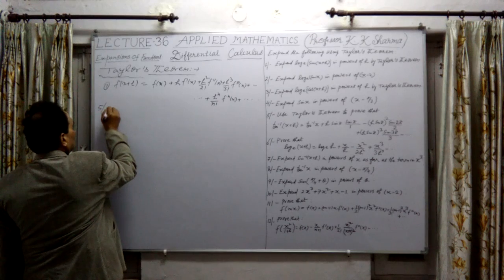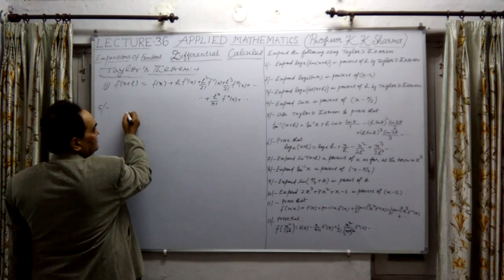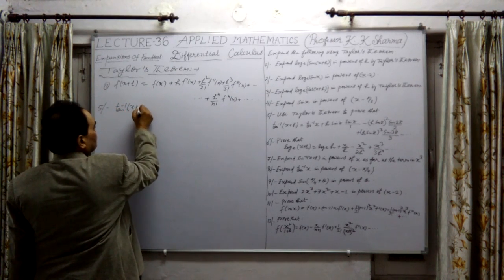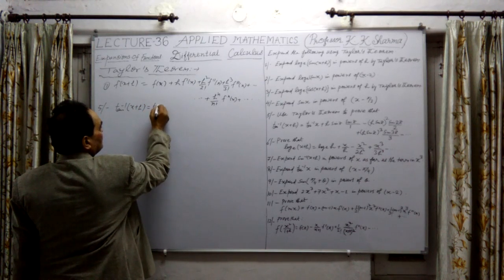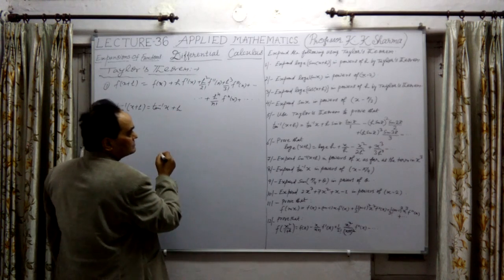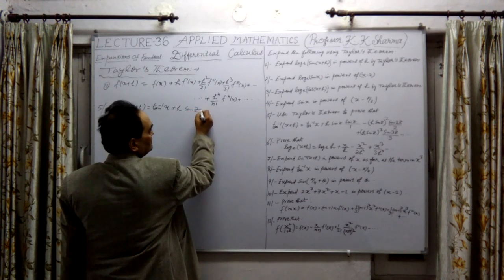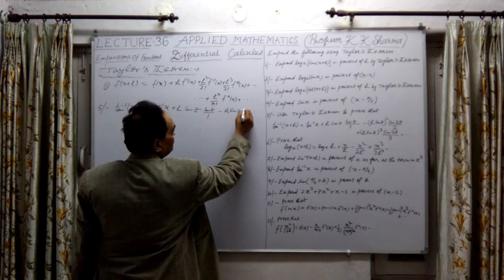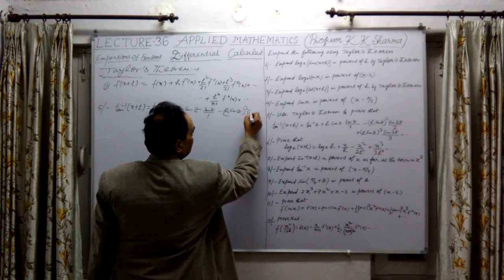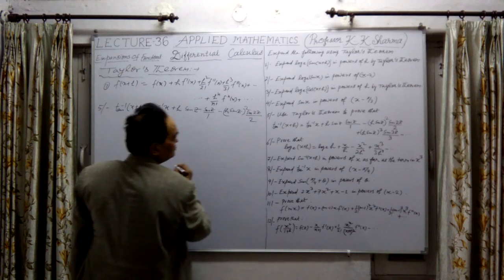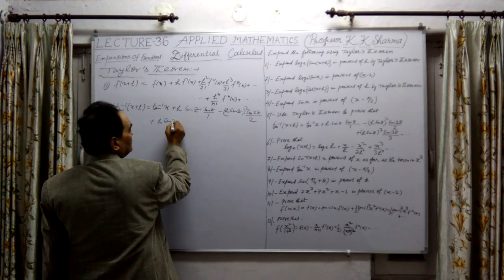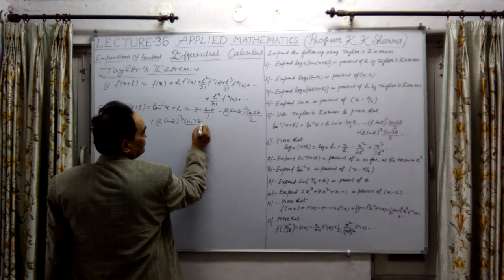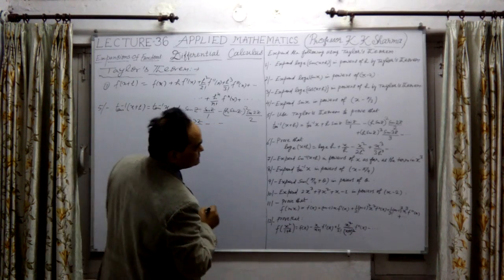Question number 5 says that with the help of Taylor's theorem, prove that tan inverse of x plus h is equal to tan inverse x plus h into sin z upon 1, minus h sin z whole square into sin 2z upon 2, plus h sin z whole cube into sin 3z upon 3, and so on. Minus, plus, plus, minus.